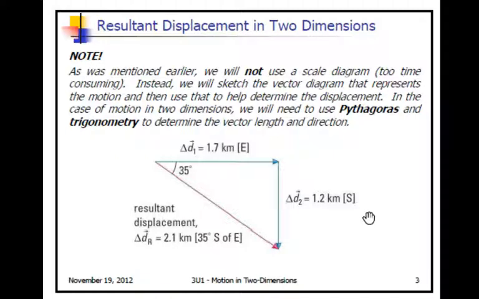And you can find the angle by looking at what we have here. The tan of 35 would be 1.2 over 1.7. So the angle is equal to the inverse tangent of 1.2 over 1.7.